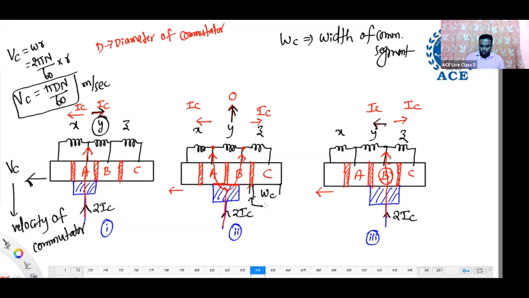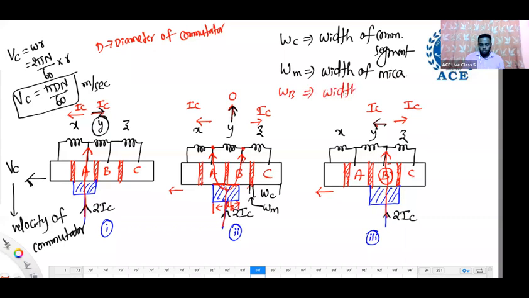Let it be WM, width of mica insulation. Next, this brush also has some width, WB. WB is the width of the brush.